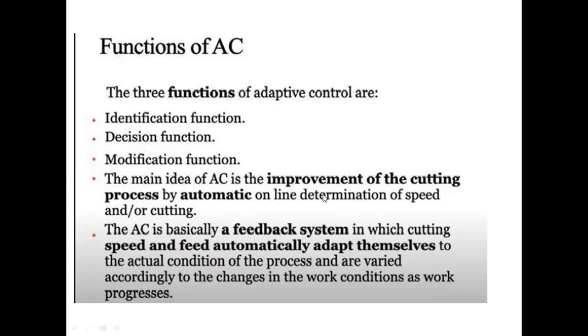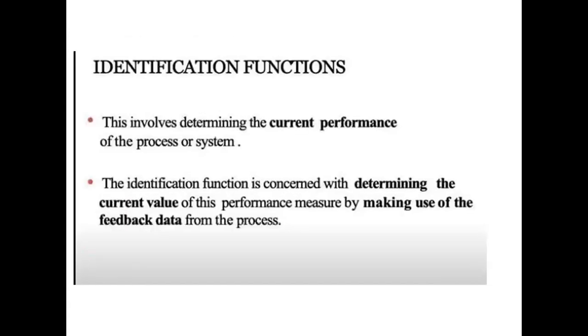You want to improve the cutting process by automatic online determination of speed and or feed. So AC is basically a feedback system in which cutting speed and feed automatically adapt themselves to the actual condition of the process and are varied accordingly to the changes in the work conditions as the work progresses, as we have discussed.